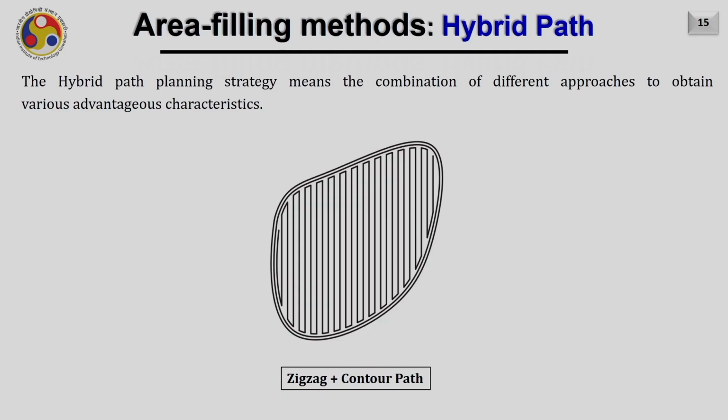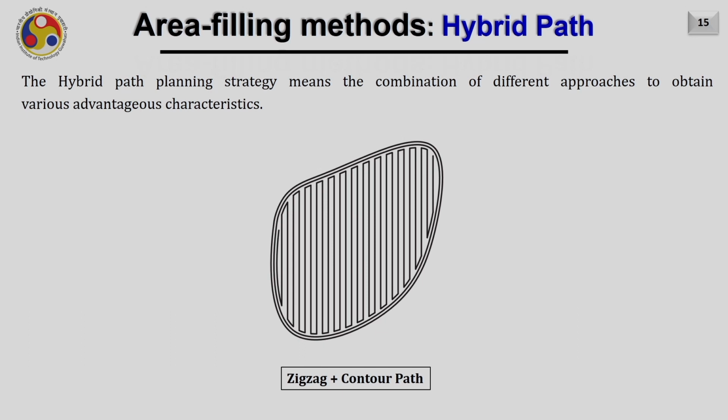Finally, if we use a combination of tool paths like zigzag with contour parallel, or MAT with zigzag, or fractal with contour parallel, we will have some unique benefits, and these types of tool paths are called hybrid paths. So, basically the hybrid path planning strategy means the combination of different approaches to obtain various advantages.